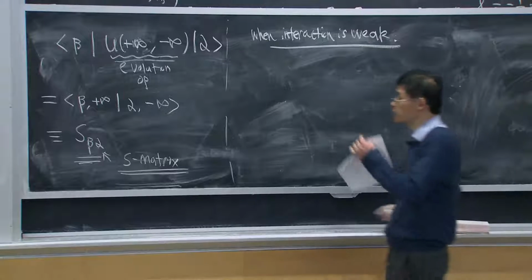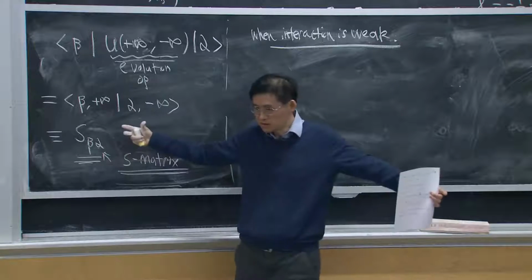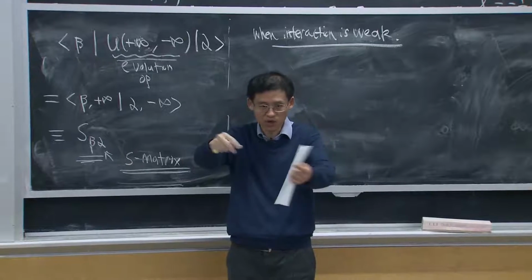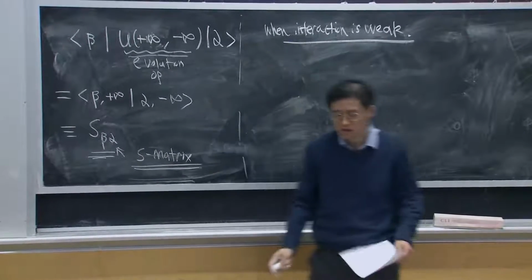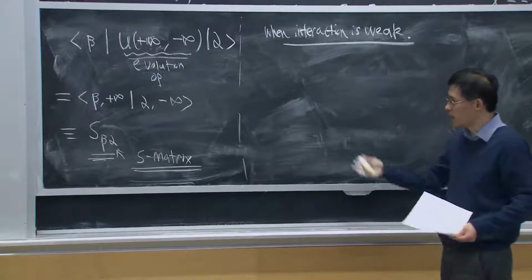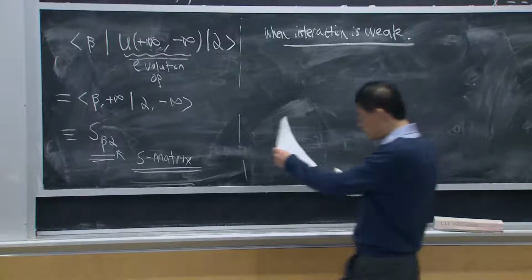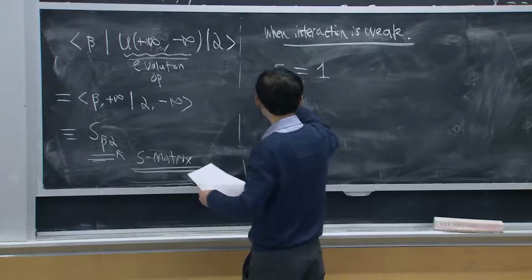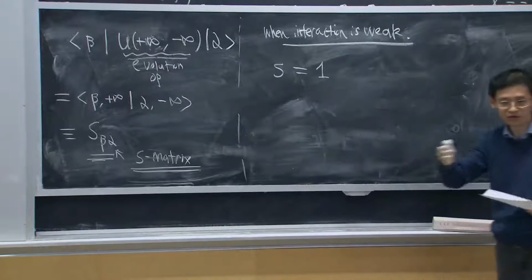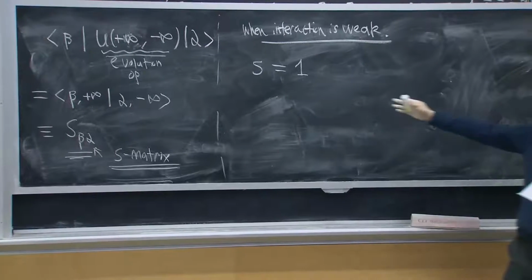When you do the scattering, you put in a bunch of particles, and if the interaction is very weak, they don't actually interact very much. So when S equals identity, that means there's no interaction at all. For a free theory, it would be just identity.